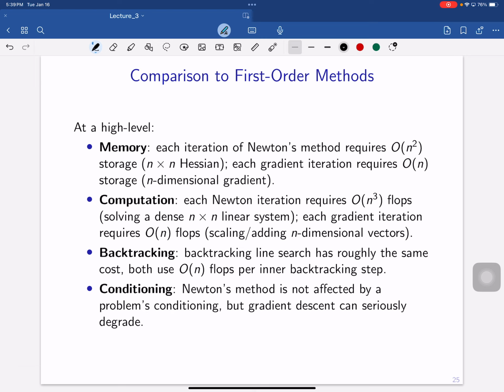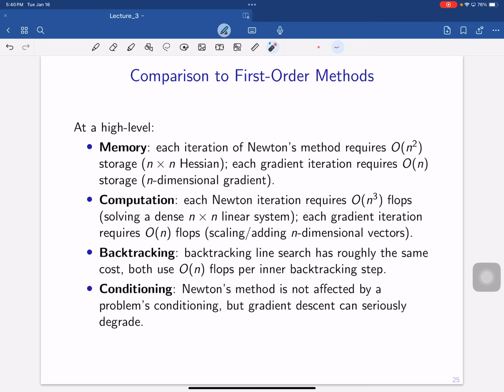And then what are the trade-offs of first order method and second order method? First of all, if you look at the memory limit, each iteration of Newton's method requires n square storage. This is straightforward because you need to store the Hessian, which is an n by n matrix. And each gradient descent requires O(n) storage.